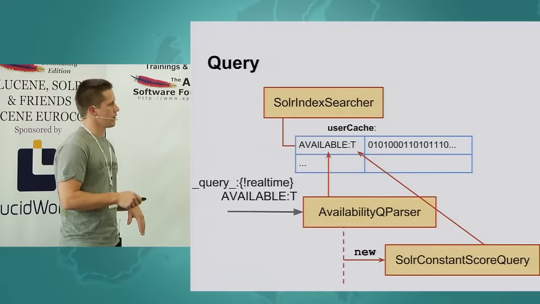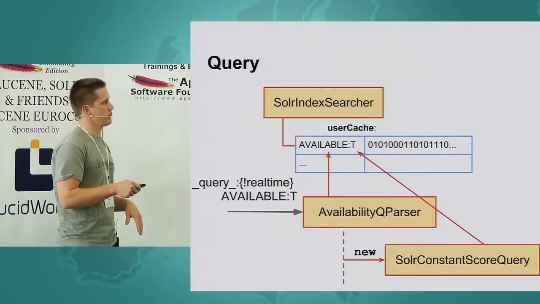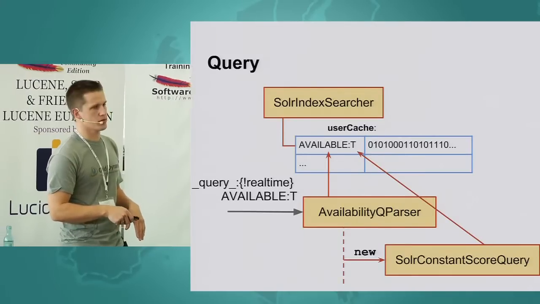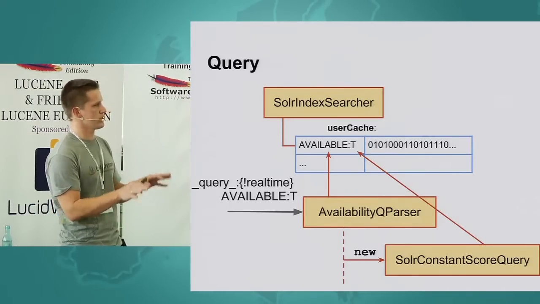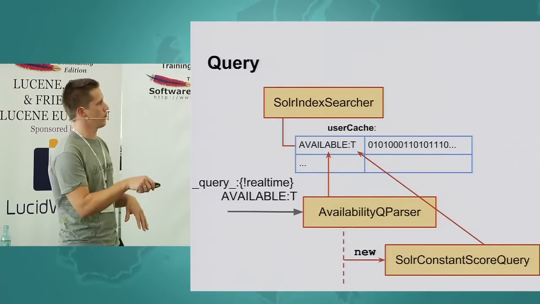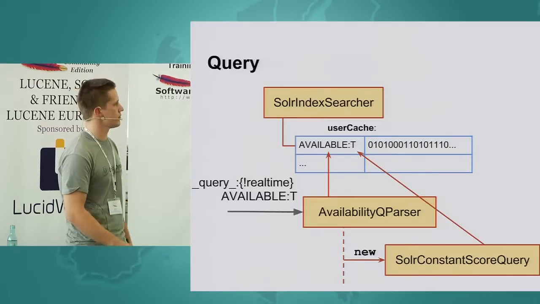Okay, so the availability parser finds this availability bitset and puts it into a Solr constant score query. And Solr constant score query is just an adapter between Solr's top-level bitset and the Lucene queries API.